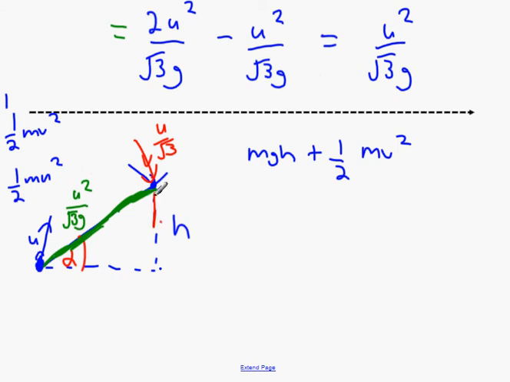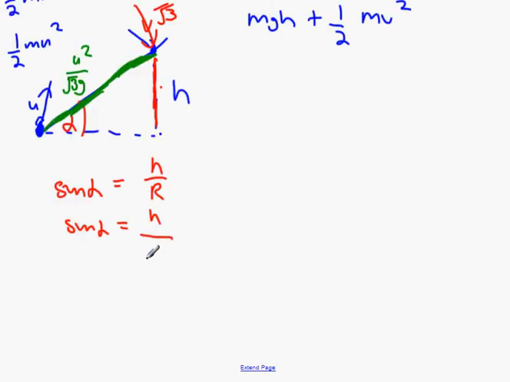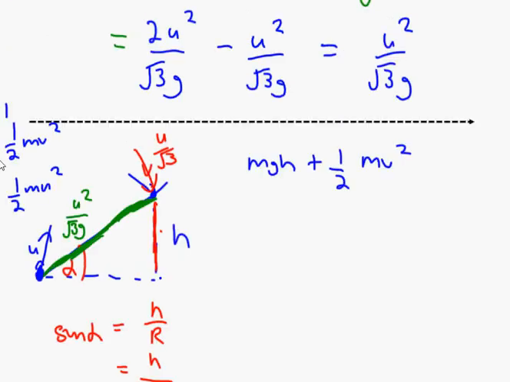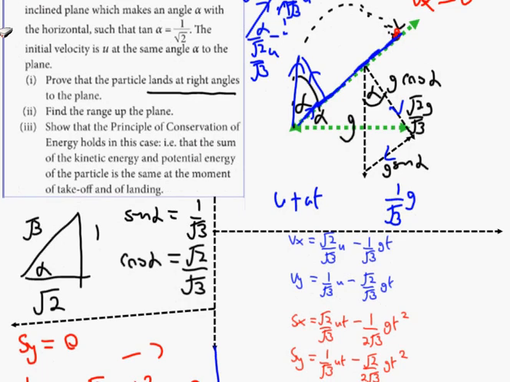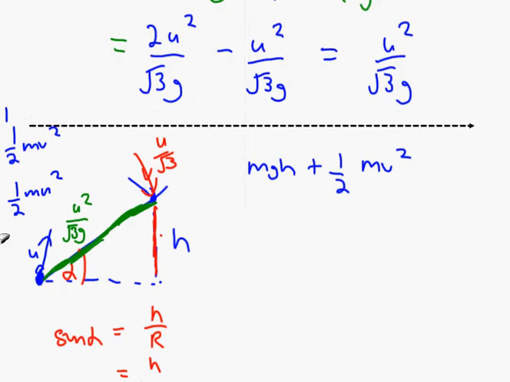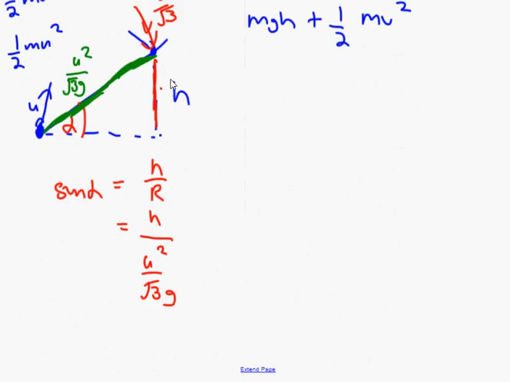What function will give us the height then? Sine alpha equals h over the range. Sine alpha equals h over u squared over root 3g. What is sine alpha again? We had it up the top. Sine alpha is 1 over root 3. Thank God for that.